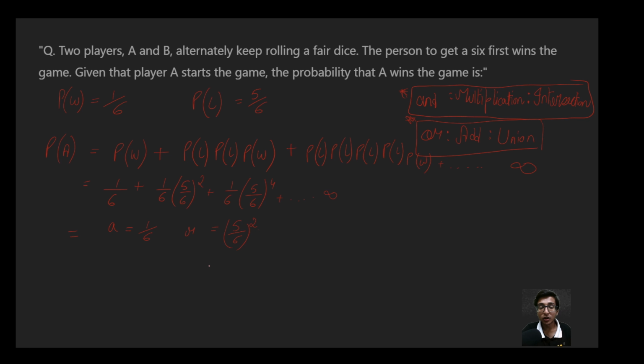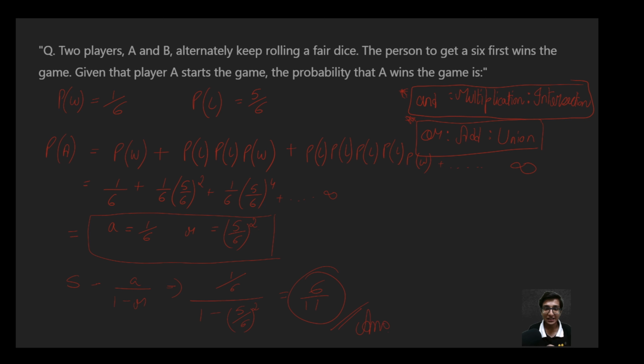And now we know that our common ratio is less than 1. So our sum basically becomes A by 1 minus R. So simply we can write it down as A becomes 1 by 6 and 1 minus 5 by 6 whole square. And what will we get upon solving this? This would become 36 minus 25. So this becomes 6 by 11, and this is our answer. So 6 by 11 is the probability of A winning the game.